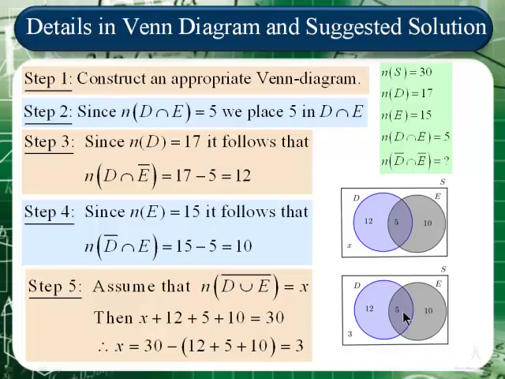Now what do we learn from this diagram? Firstly, if you add all these cardinal numbers you get 30. So in other words, there are 30 outcomes in this particular sample space. 5 learners appreciate both. 12 learners appreciate discipline only. 10 learners appreciate excellent educators only, while 3 learners appreciate none of the two events.